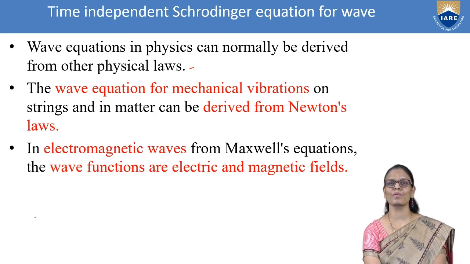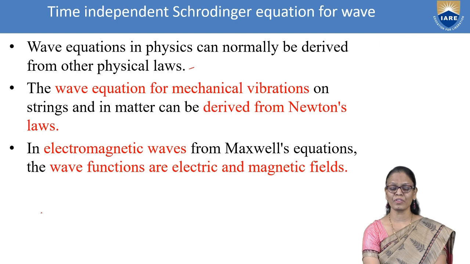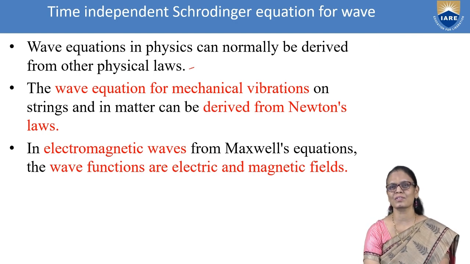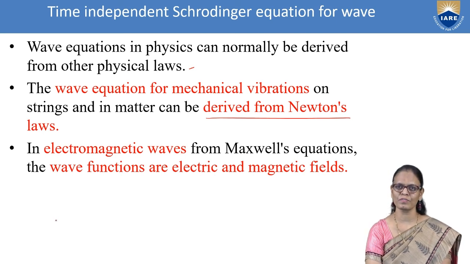If you are talking about vibrations in a string, when the particles of the string vibrate, these vibrations give rise to waves. And when the wave propagates, you need a wave equation to explain that. Those equations are derived from the basic laws, that is, Newton's laws of motion.